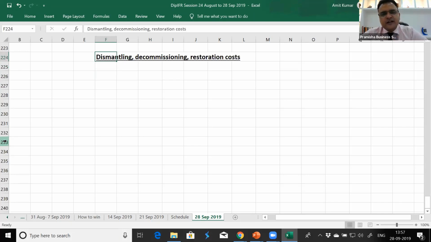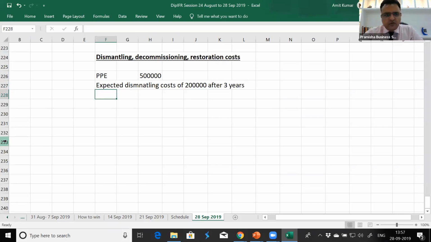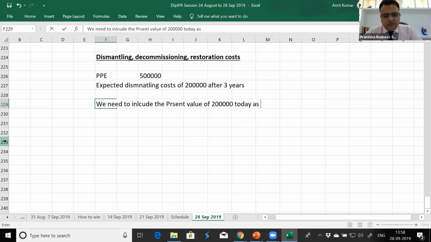If we dismantle the property, there is some dismantling cost as well. So when we are buying this property, plant and equipment, and if it is costing 500,000 and there is an expected dismantling cost of 200,000 after 3 years, we need to include the present value of 200,000 today as part of the cost of the asset, capitalize it.